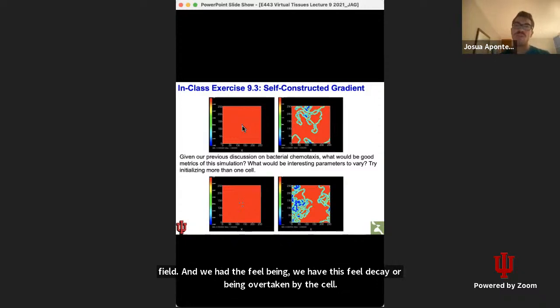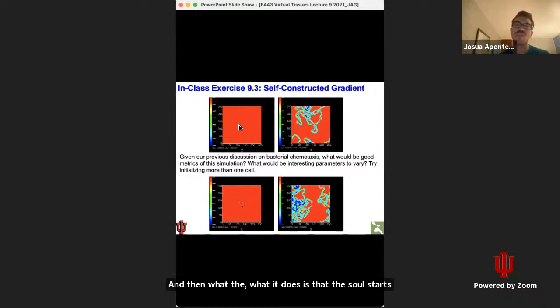The cell starts moving randomly in one direction and starts creating its own gradient. What we usually observe is that the cell has persistent movement in one direction, and then it reaches certain points where the cell suddenly changes its direction and starts moving in a different direction.